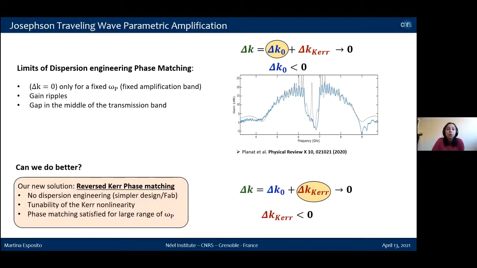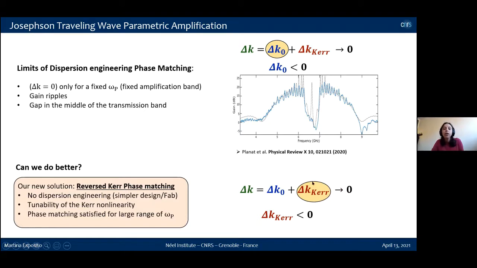So the question is, can we do better? Can we think of a new mechanism to achieve phase matching in these devices? And this is what we try to do. So we worked on this reverse Kerr phase matching. And basically the idea is the following: instead of focusing on this part of the phase matching, this delta K0, we focus on the delta K Kerr, so on the phase mismatch coming from the Kerr nonlinearity.